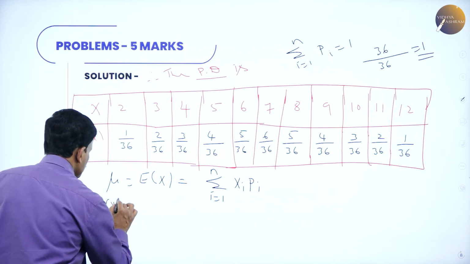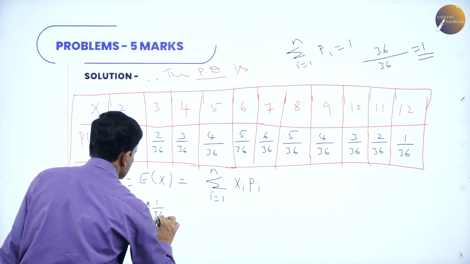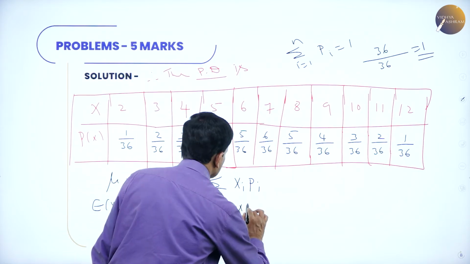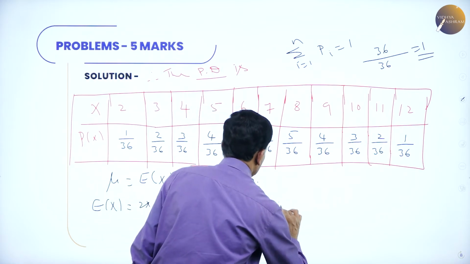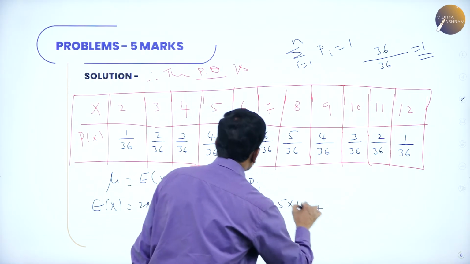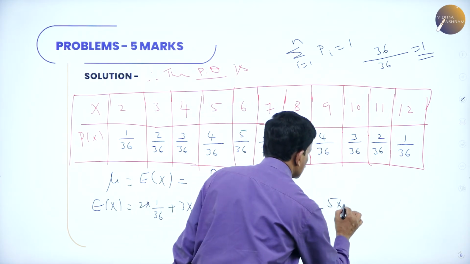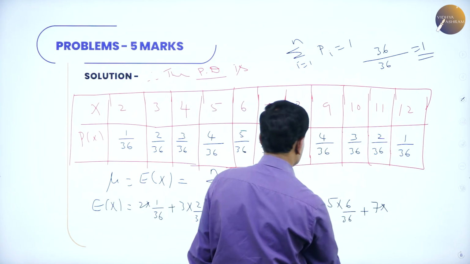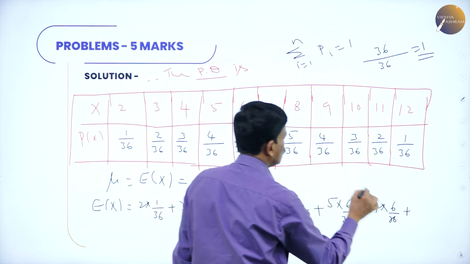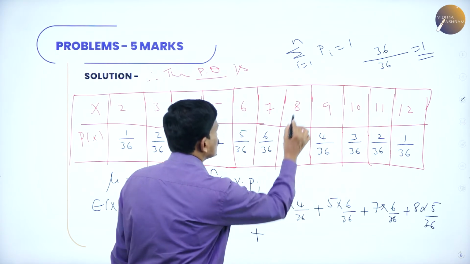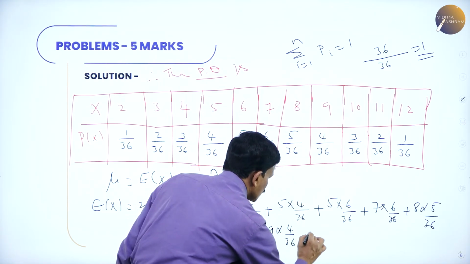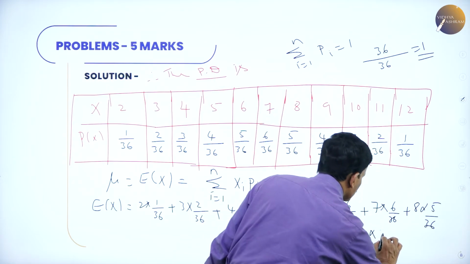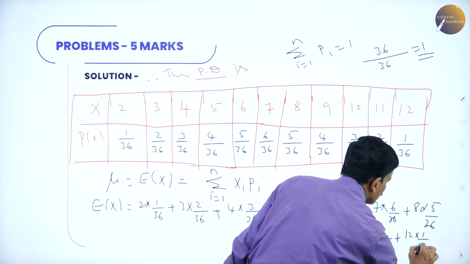So therefore E of X is equal to 2 into 1 by 36 plus 3 into 2 by 36 plus 4 into 3 by 36 plus 5 into 4 by 36 plus 6 into 5 by 36 plus 7 into 6 by 36 plus 8 into 5 by 36 plus 9 into 4 by 36 plus 10 into 3 divided by 36 plus 11 into 2 by 36 plus 12 into 1 divided by 36.